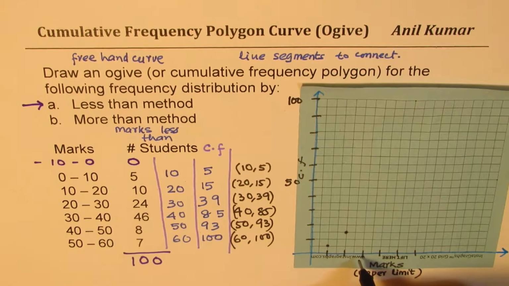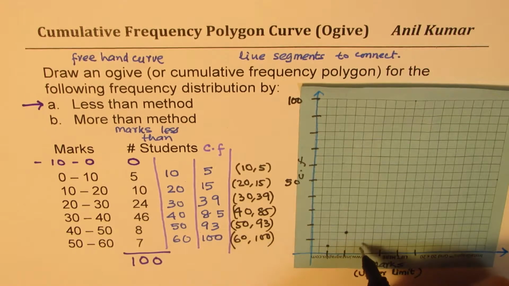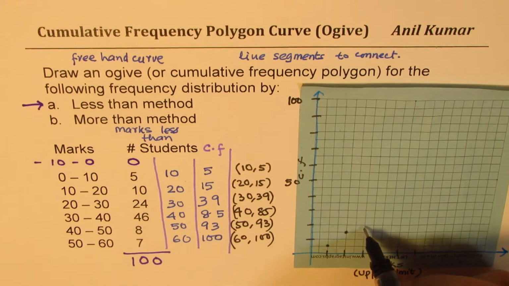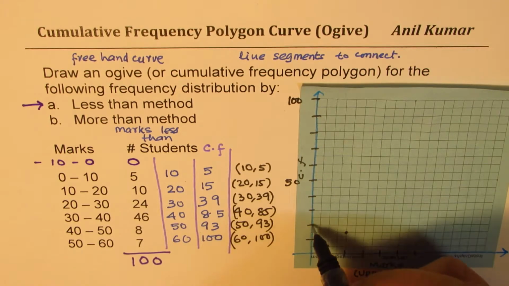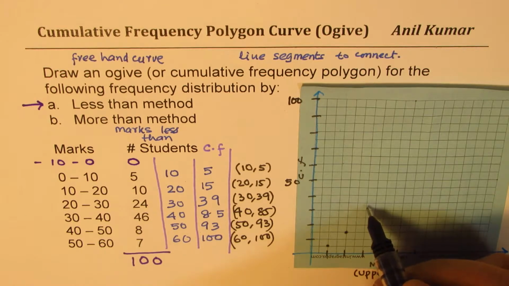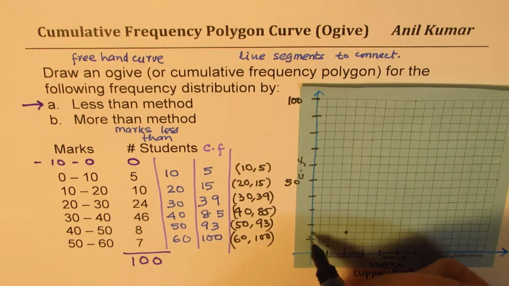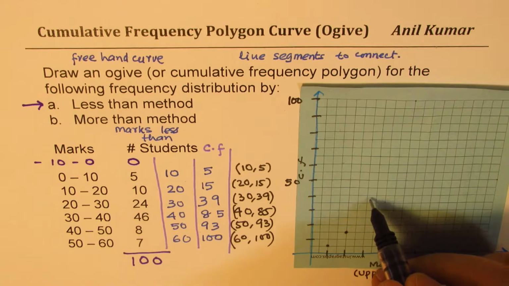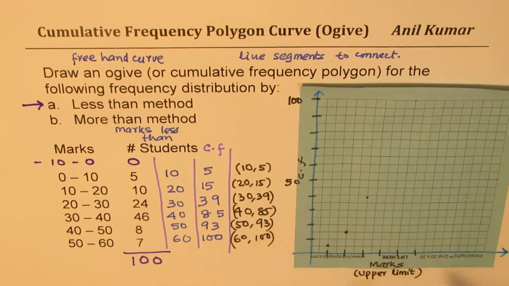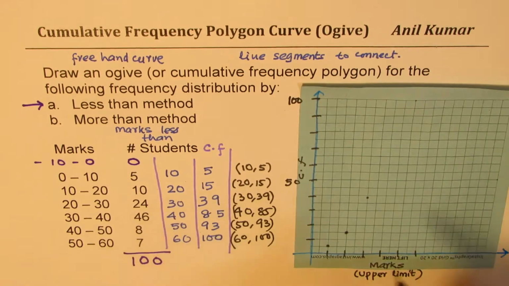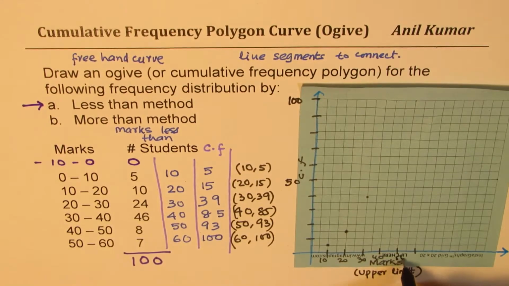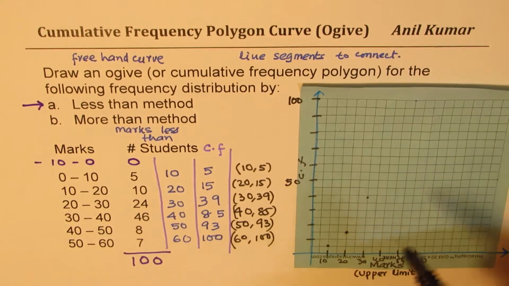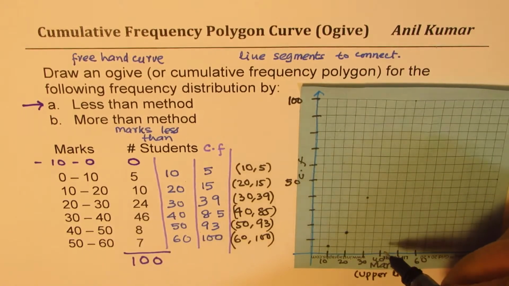At 30, it is one less than 40, right? And then at 40, we have 85.